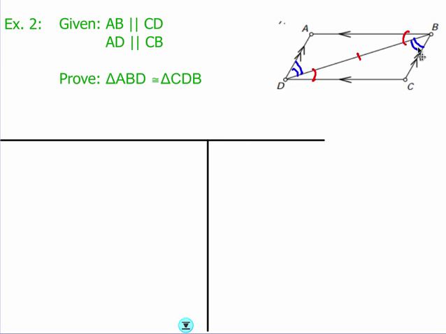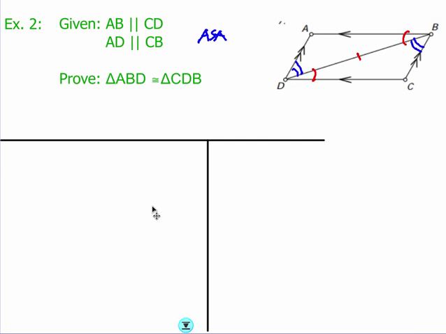I've got two sets of corresponding congruent angles and a side between them, because this side's the same and it's in both triangles. So I can say by angle side angle that these two triangles are going to be congruent. Because I've got this angle, a side, and then the other angle, and this angle, the side, and the other angle. So there we go. I've got angle side angle.